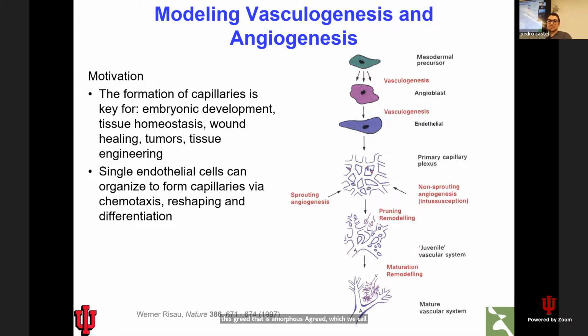The distance between capillaries fulfills a requirement, let's say, of a given tissue, which is providing nutrients and oxygen to all regions of the tissue without transforming the whole tissue into a blood vessel.